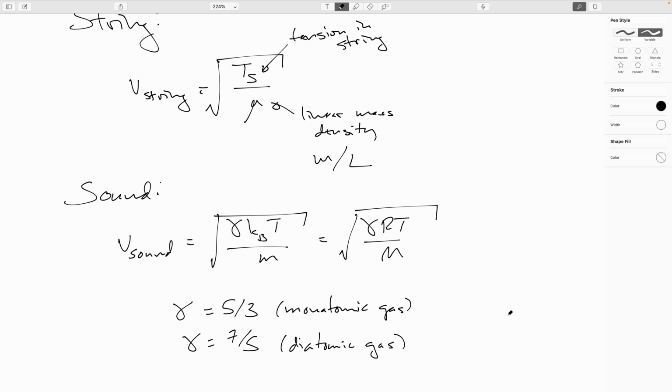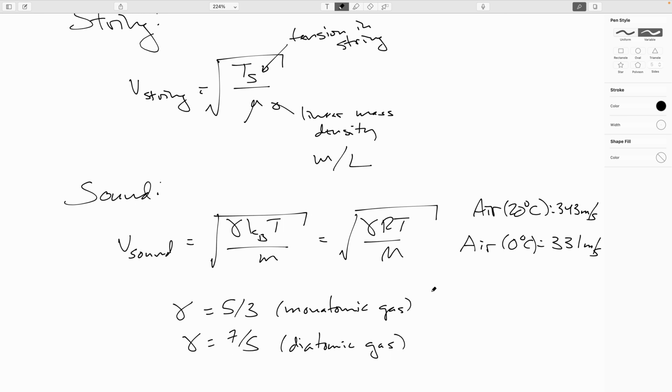Just to give some sense of what are typical speeds of a wave, for speed of sound in air, at 20 degrees C, it's 343 meters per second, and at STP, it's 331 meters per second.